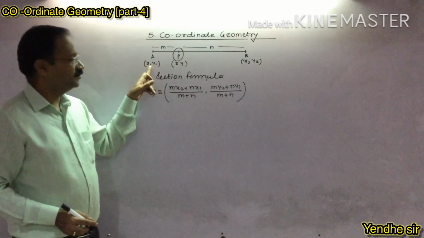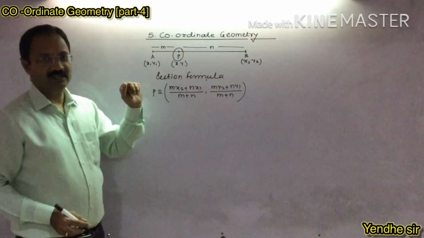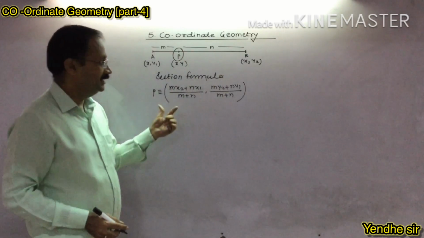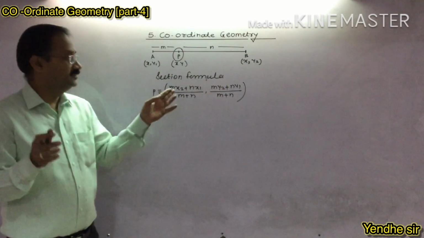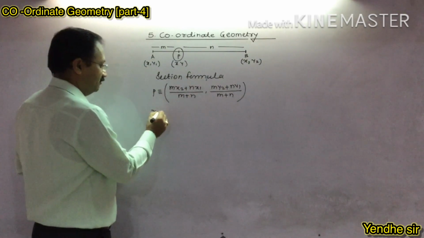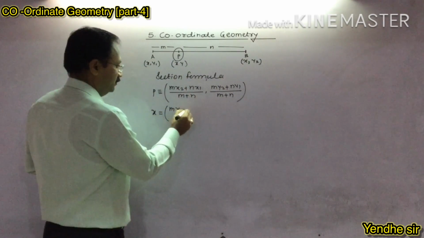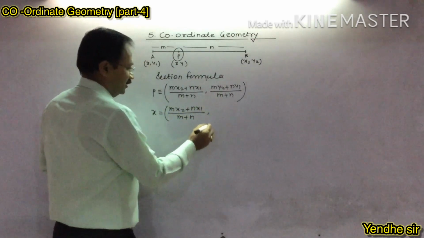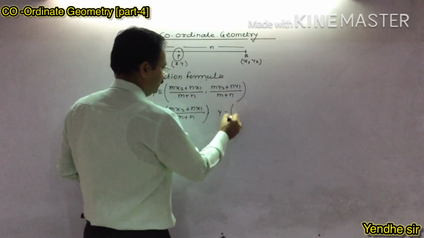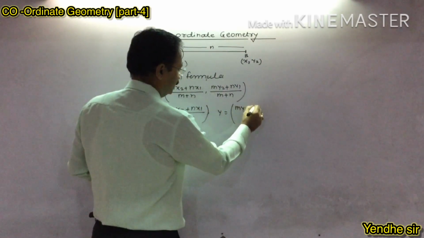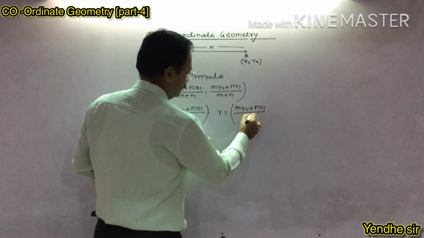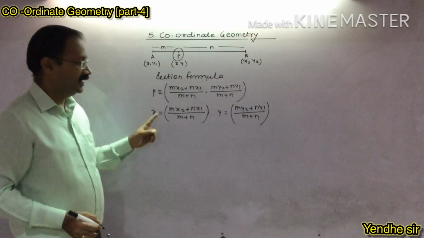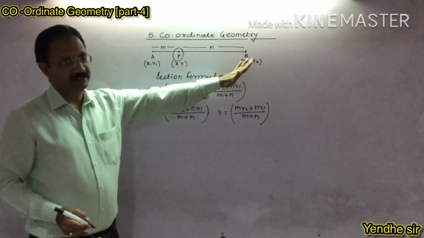Suppose A's coordinates are given and P's coordinates are given, and you have to find out the coordinates of B. Then you have to split this formula as x equals mx2 plus nx1 upon m plus n, and then y equals my2 plus ny1 upon m plus n. This is a split formula to find the coordinates of either A or B.